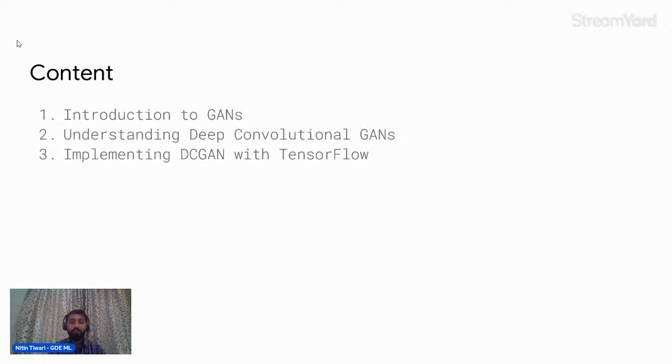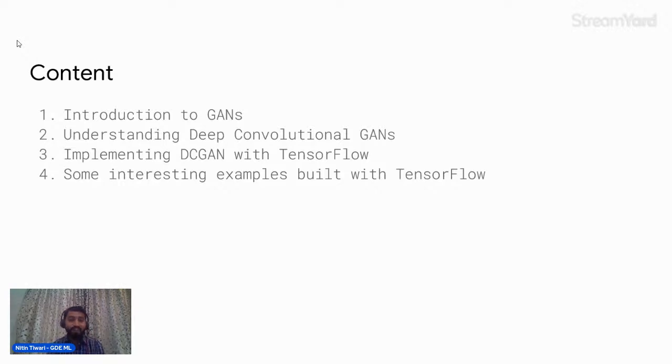Finally, at the fag end of the session, we'll see some interesting examples built with TensorFlow. The fourth subtopic is not directly related to GANs, but we'll see what exactly you can build with TensorFlow. I hope you are all excited for this session, and I think we can begin.